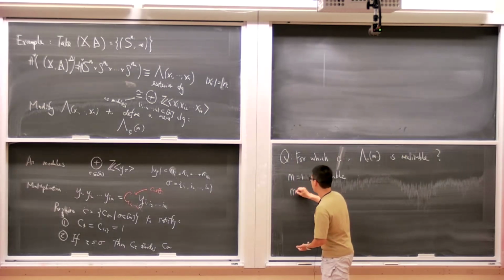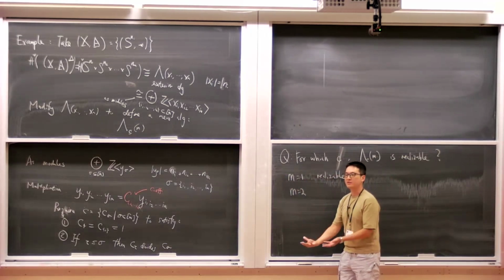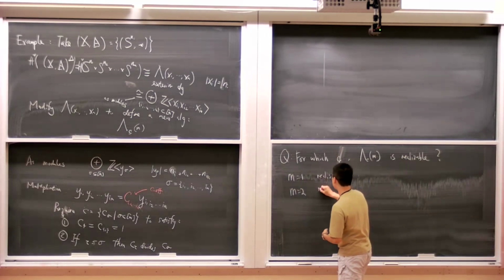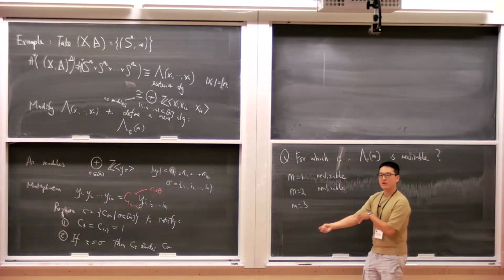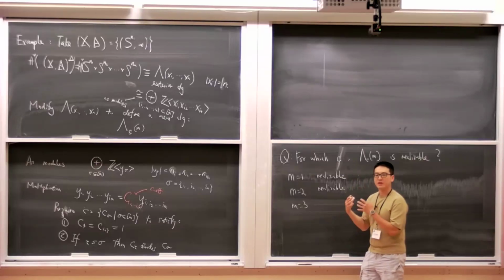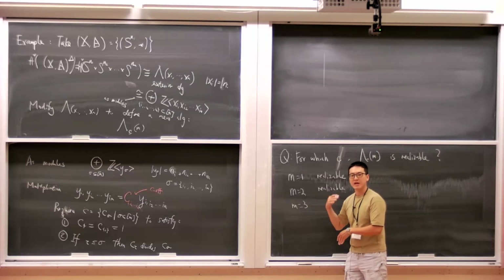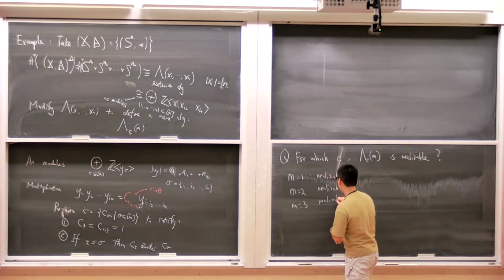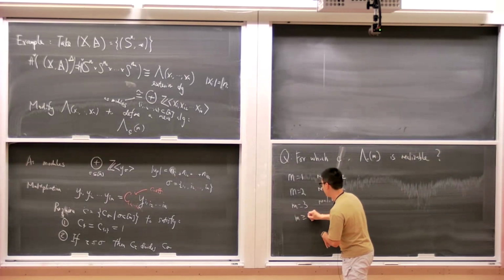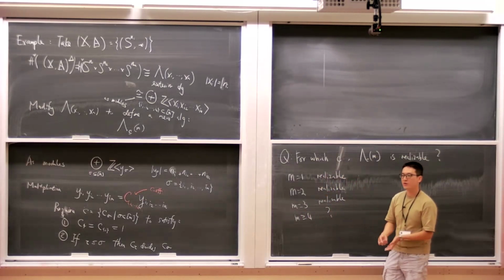Similarly, when m equals 2, it's not difficult to construct a realization space, and of course this is also realizable. For m equals 3, when you try to construct a realization space, it involves some hard calculations, but imposing some conditions on the dimensions and also the degrees, it's still realizable. But when m is greater than or equal to 4, our methods don't work anymore.